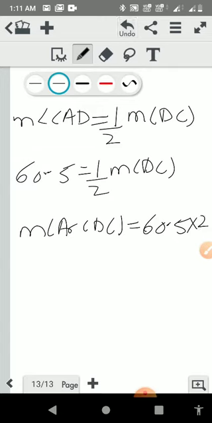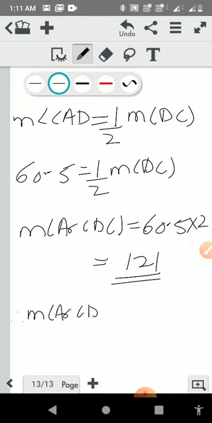If I multiply it, I will get 121 as the measurement of arc DC. Therefore, measurement of arc DC equal to 121 degrees, and this is what I have to calculate.